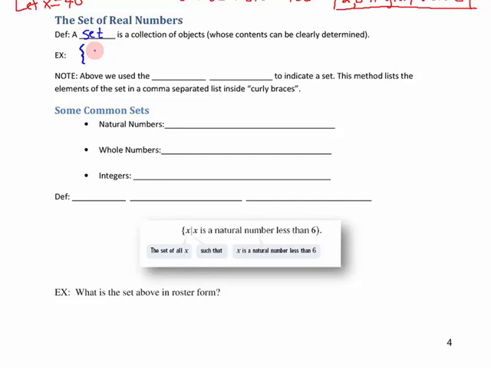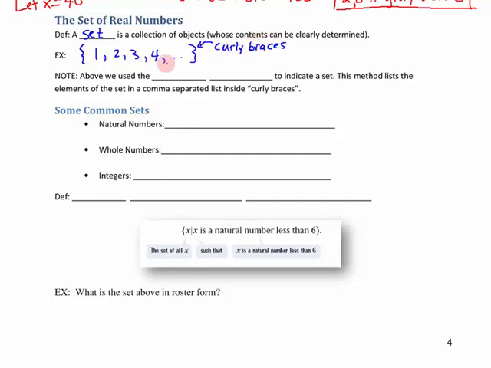I put a curly brace and then let's say 1, 2, 3, 4, and so on. That's one way of describing a particular set. Now, you should be able to tell what I mean by this set by the way that I write it. In general, in mathematics, we will always use curly braces to denote that we're talking about a set.